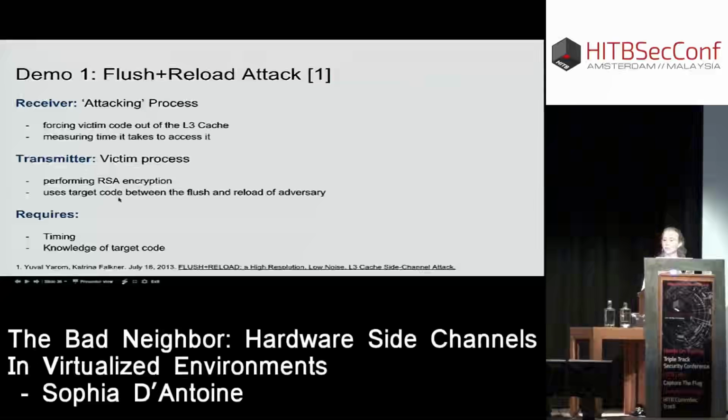Based on what the transmitter, or the victim, is doing with RSA encryption, the receiver knows that a new value was put into the L3 cache, so it took a lot quicker to receive it back, or not. Now, this attack did require knowledge of the target code, so the receiver had to know what sort of code it was looking for before it evicted it and measured access again from the L3 cache.